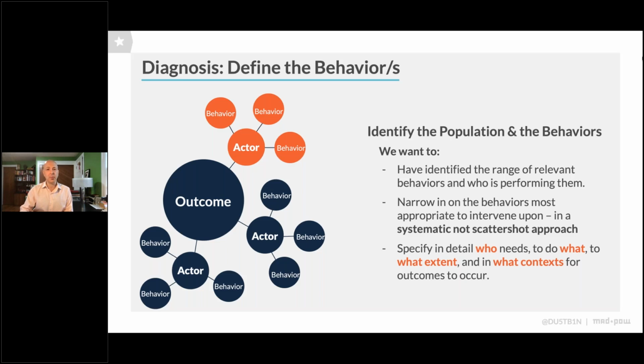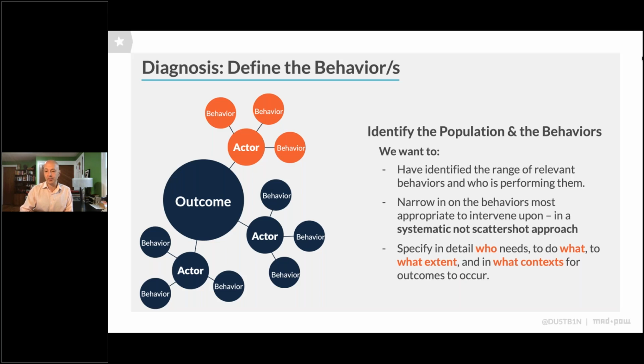We very often jump to a particular population. We may miss gaps in whose behavior might have the greatest effect, or populations that we don't intervene on that are going to hold back the best of our efforts, right?